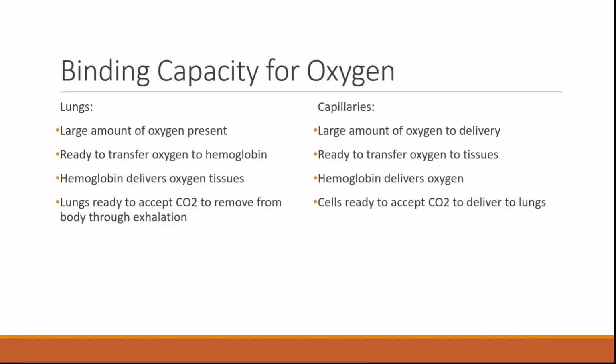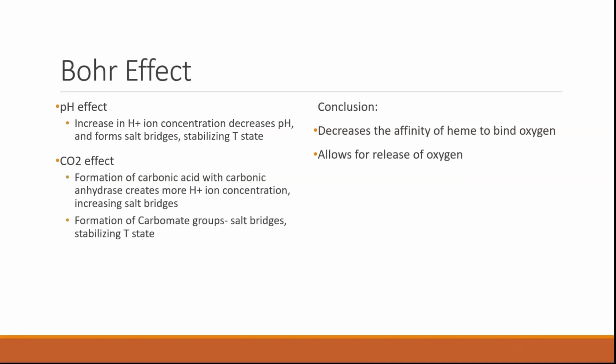And now the hemoglobin at that cellular level is ready to accept carbon dioxide to eventually deliver to the lungs. So as you can see, it's not necessarily one or the other, but more of a continuous cycle of exchange of oxygen and carbon dioxide through that binding via hemoglobin.